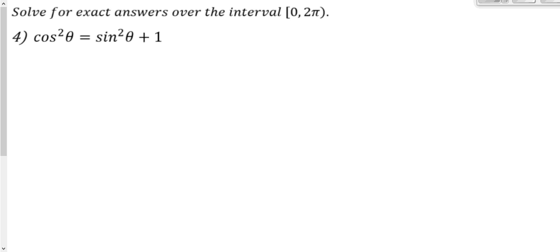Okay, this is a different kind of example because you'll notice that there is cosine squared in it and sine squared in it. So it's not just a typical quadratic equation because it has two different kinds of functions in it. So here's the strategy for this problem and for the next problem. Use trigonometric identities to do a substitution.